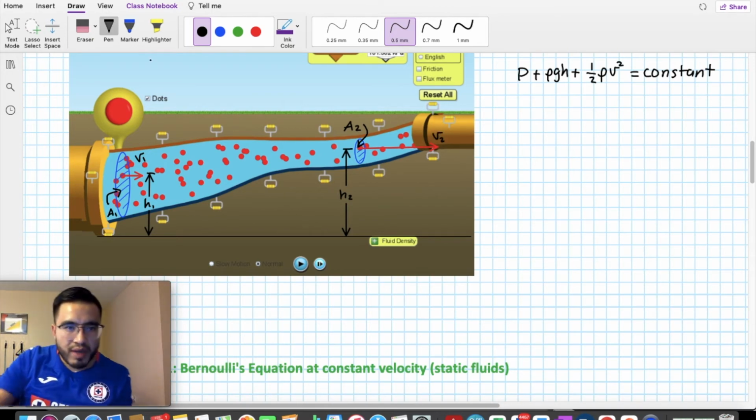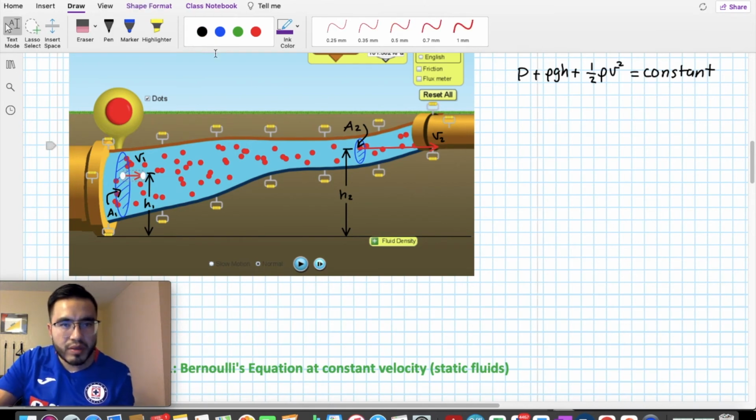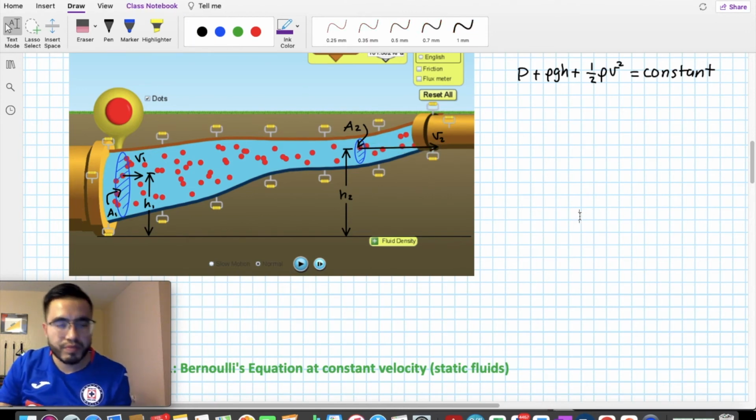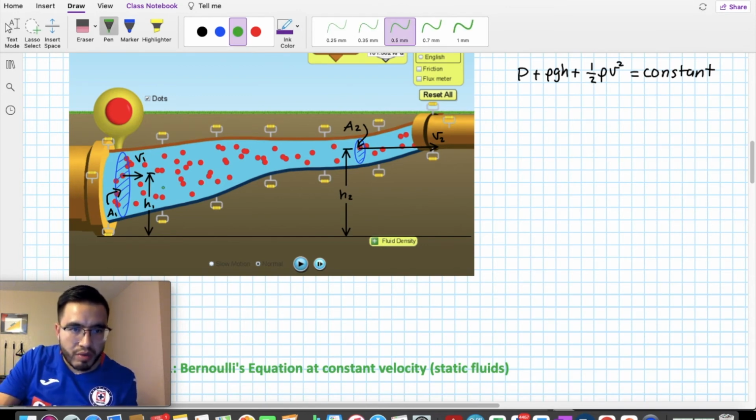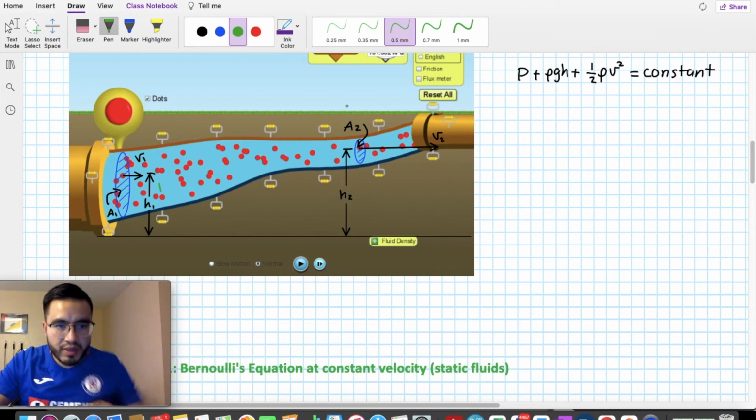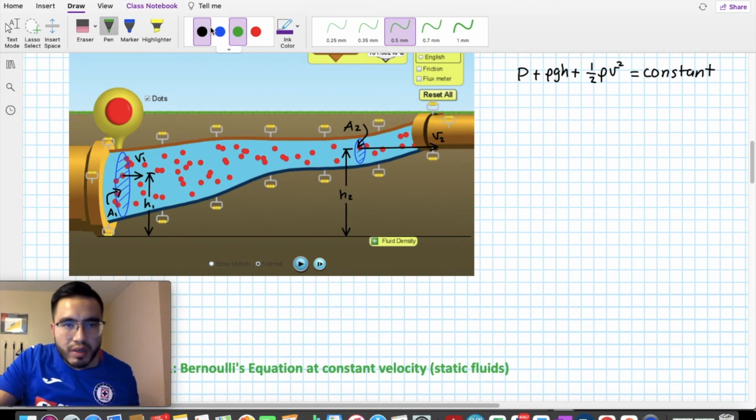So we have different velocities, and we have different heights. And of course, different pressures. So pressure 1 will be on this side. Man, green is not a good color for this. And this is pressure 2. Okay.